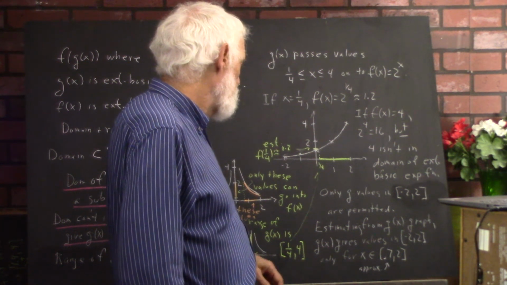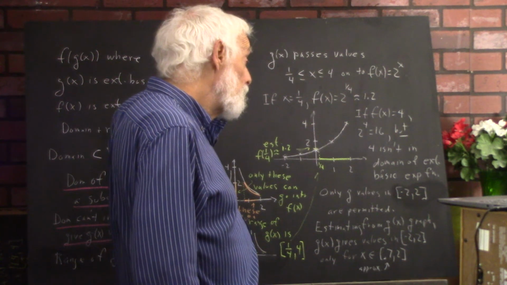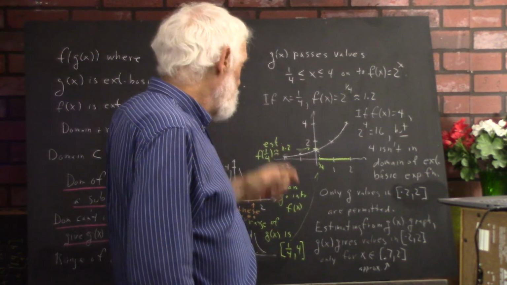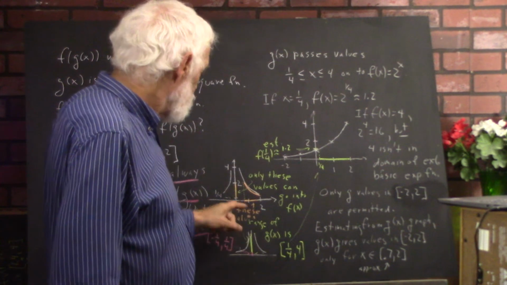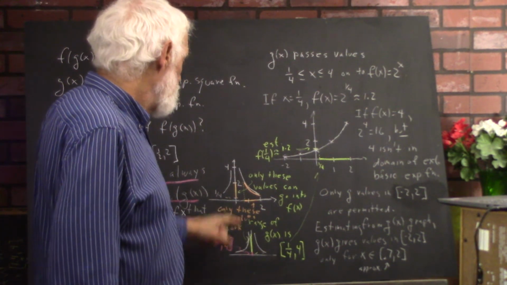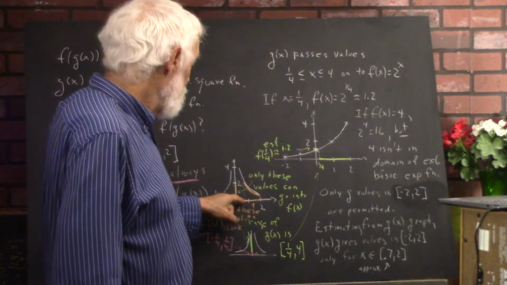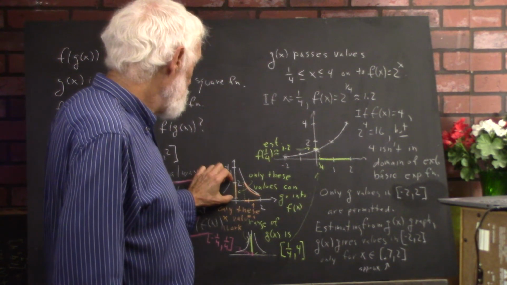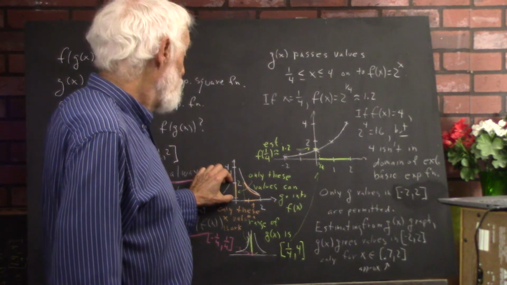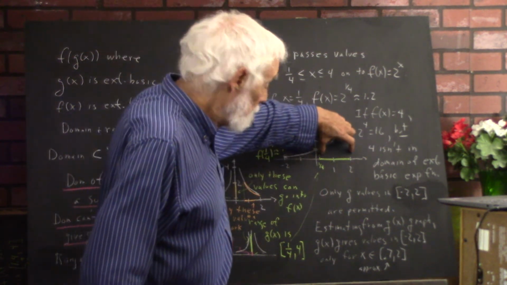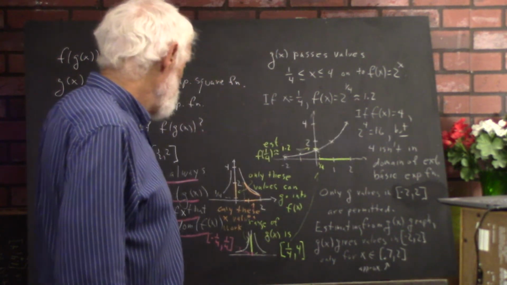So the only x values that you can use are those that output numbers between 1/4 and 2, so that those numbers become the inputs to the f of x function.